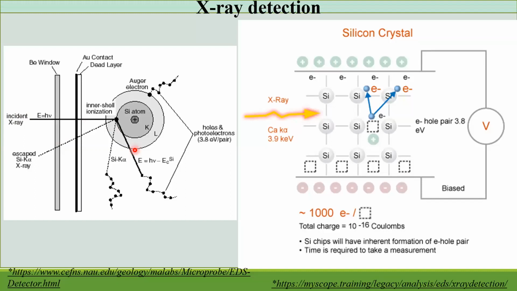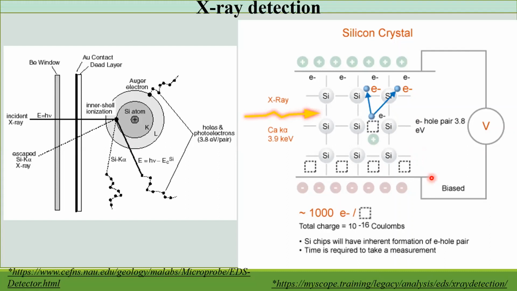Within the detector, there are two possible types, silicon or lithium based crystals. For example, when calcium K alpha X-rays are coming in, there is a possibility for interaction with the silicon atoms here, and again a possibility for electron hole separation. Such separation and electron hole pair recombination will be calculated at a later stage.